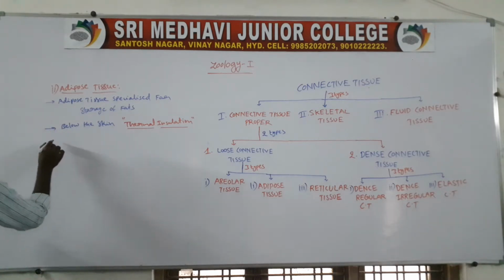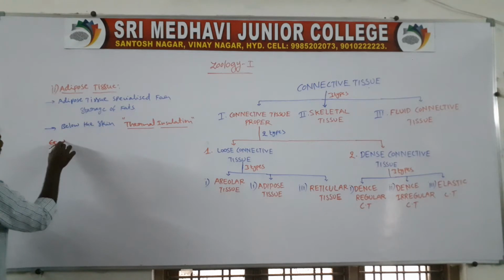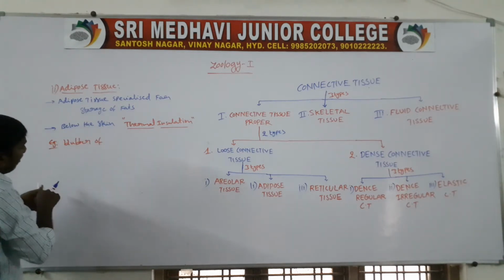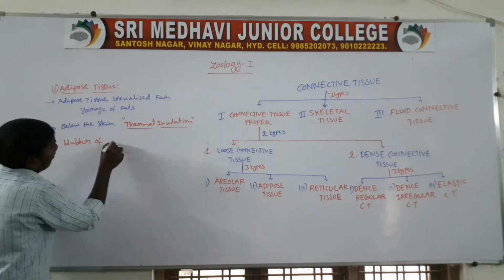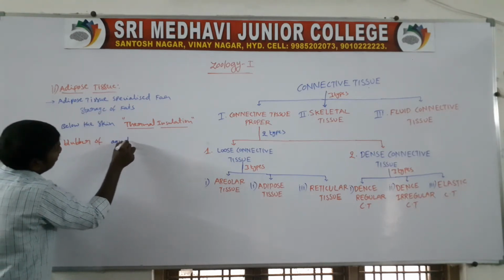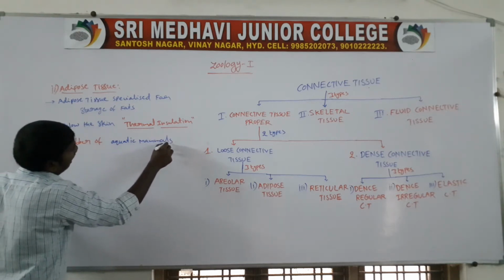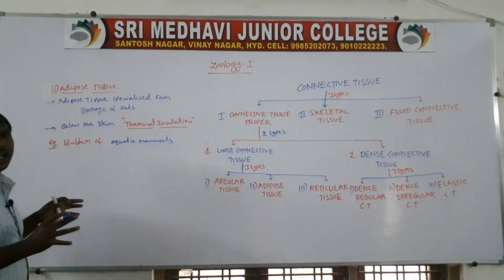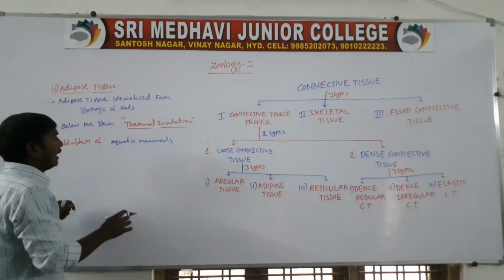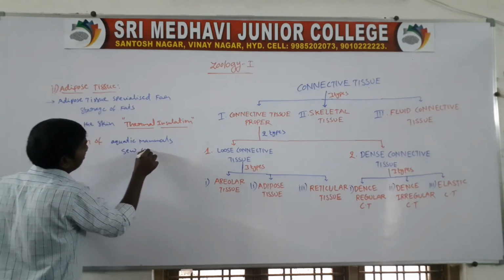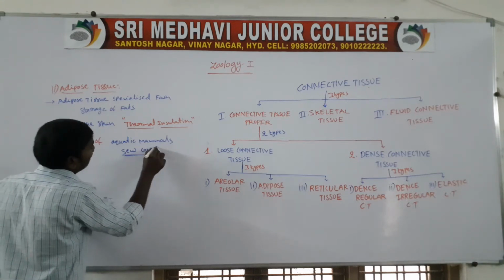Example of thermal insulation: the blubber of aquatic mammals, for example sea cows.